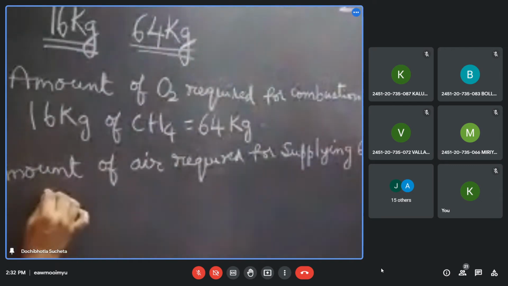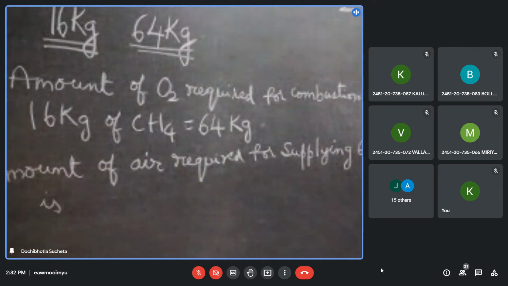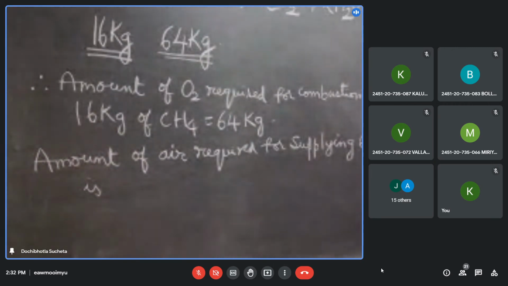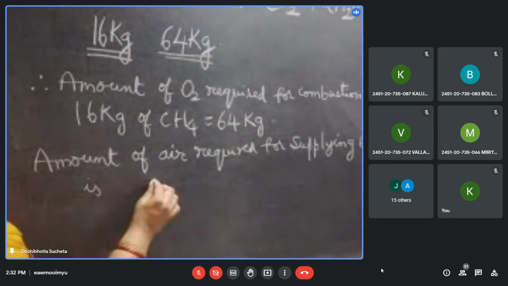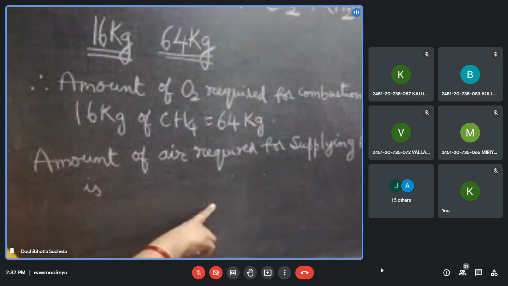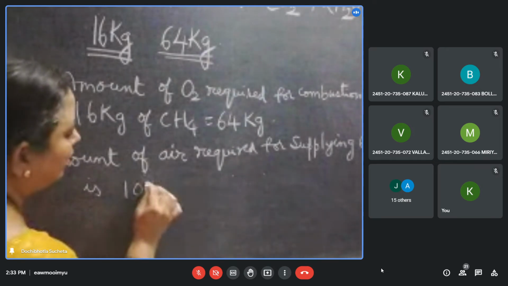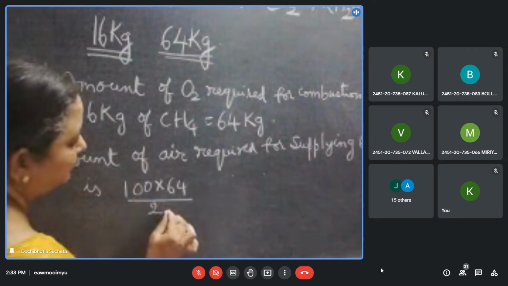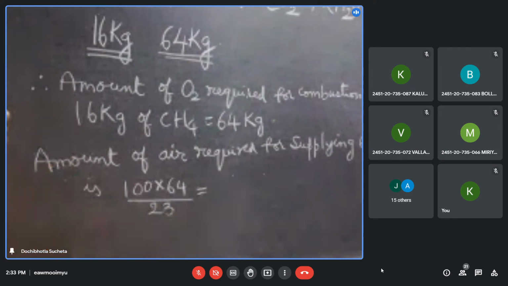I said air has 23% oxygen by weight. So 100 kgs of air contains 23 kgs. Therefore, for 64 kgs of O2, how much air? 100 into 64 divided by 23 kgs of air.